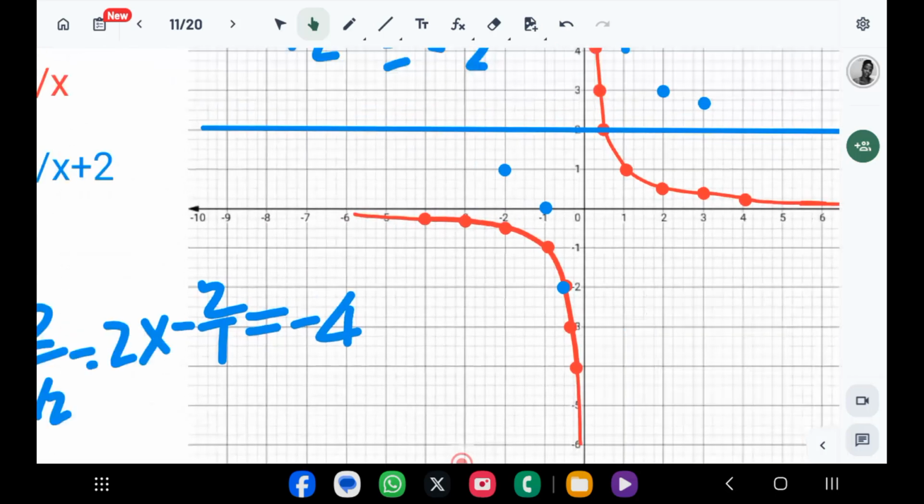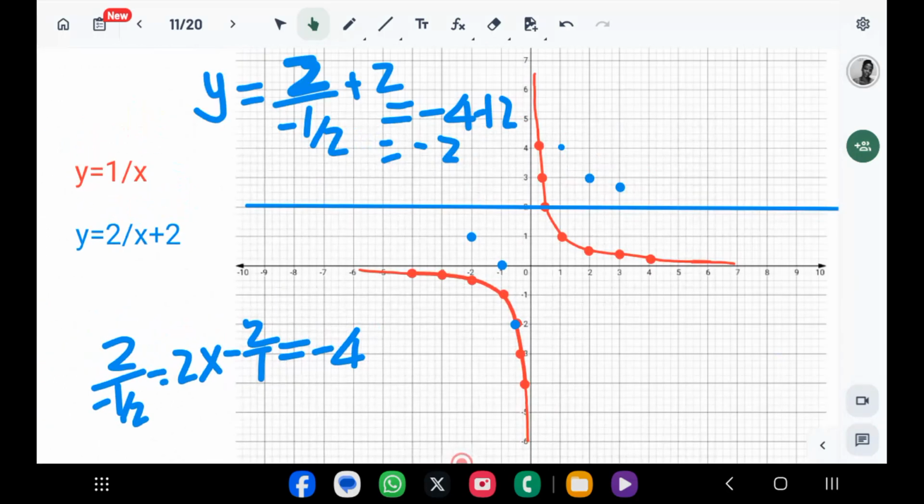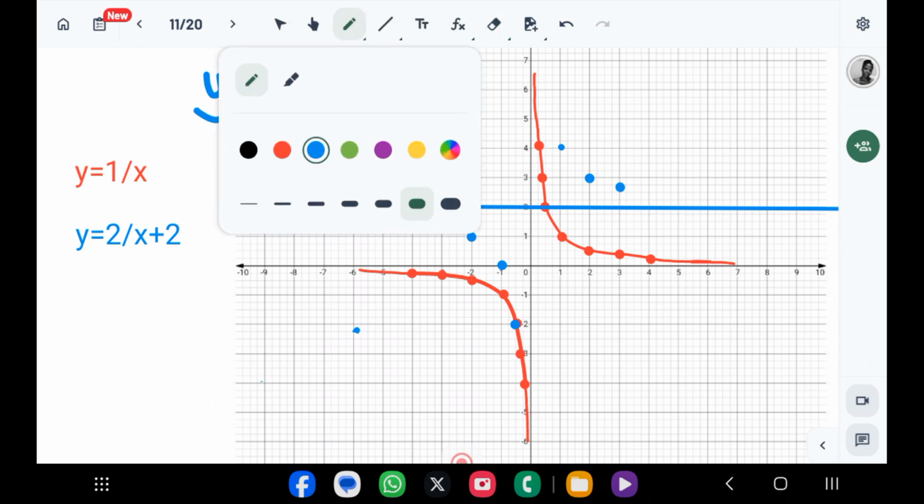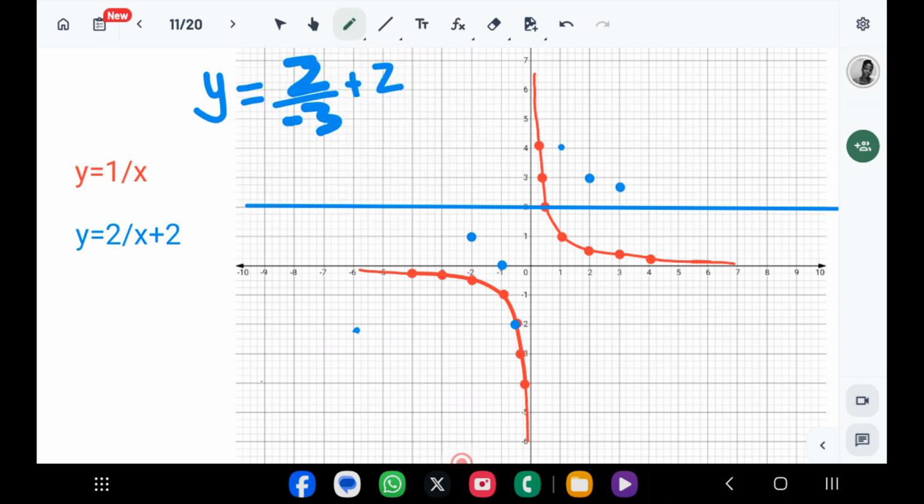Let's try and join them. When x equals negative 3, let's try and find that out. That is equal to 2 minus 2/3, which is 1 and a third.